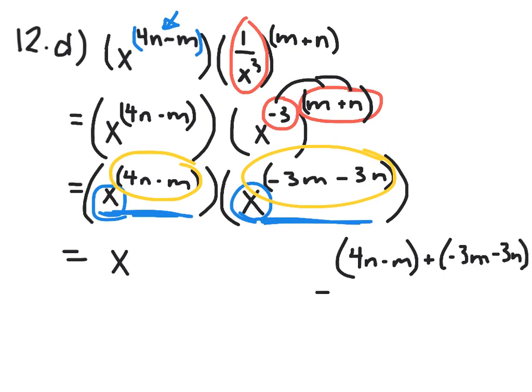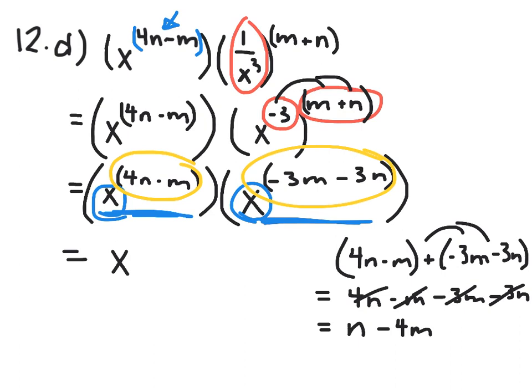Clearing the brackets here, I have 4n minus m. The positive sign here will make this negative 3m minus 3n. Adding the like terms, 4n minus 3n is positive n, and negative m minus another 3m is negative 4m. So this is x to the power of n minus 4m. This is your final answer.